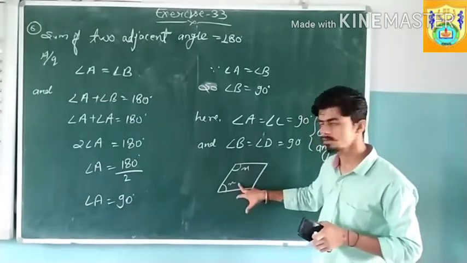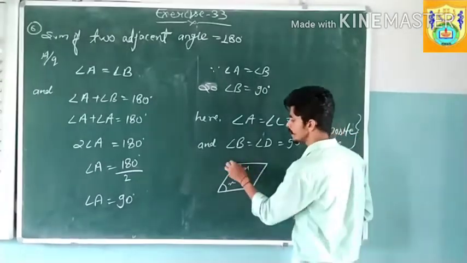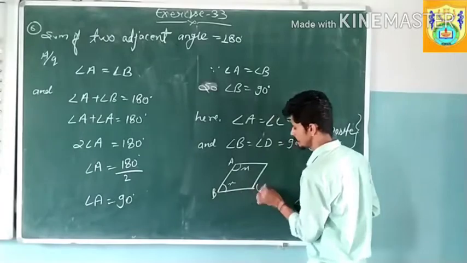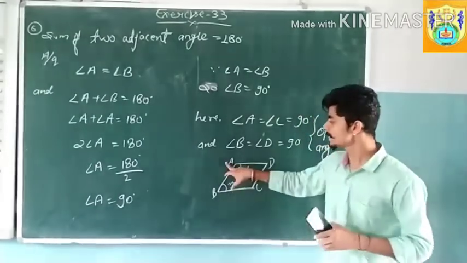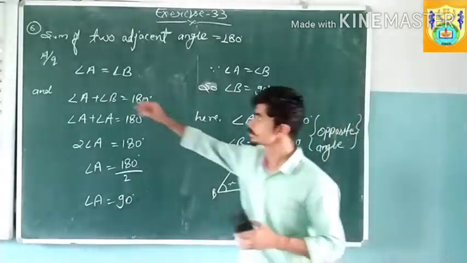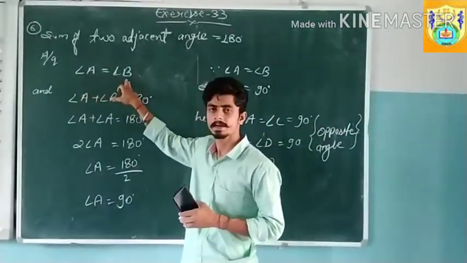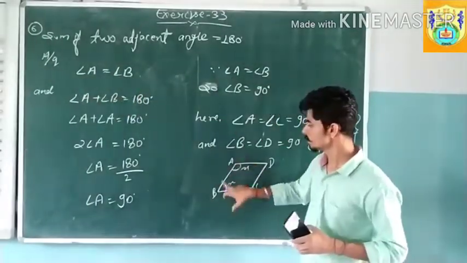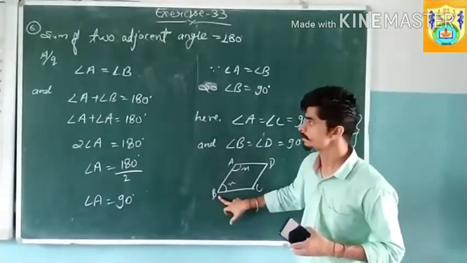That means it is x, so it is also x. Suppose that we are taking the names A, B, C and D. So according to the question, angle A is equal to angle B, because the two adjacent angles are equal in measurement.